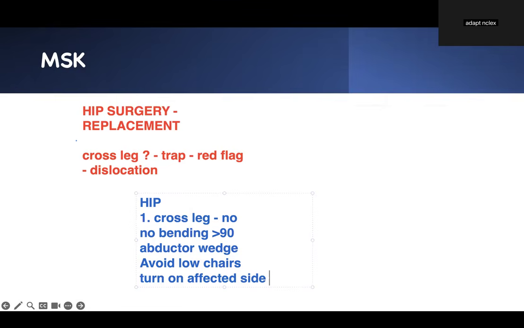They can walk with a cane, but you have to be able to walk before you go home. Why are we doing all this? We want to protect the joint from dislocation. This is a precaution to prevent dislocation of the joint.